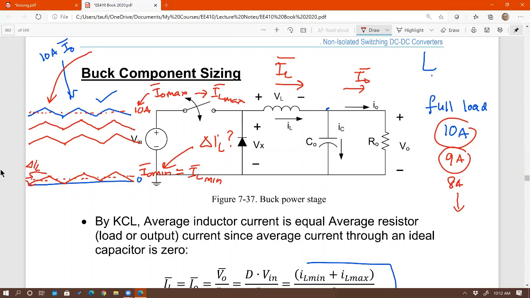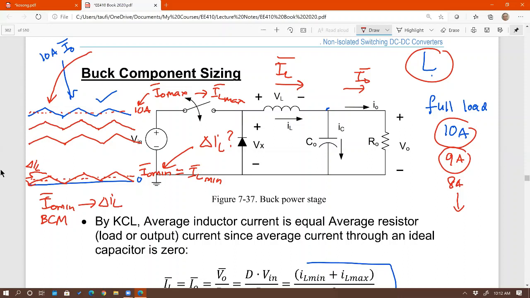So the special thing about boundary conduction mode is that the average value of the inductor current, or in this case output current for a buck, is equal to delta IL divided by 2. In other words, if I can specify I out min as a way to determine L, then I would know delta IL. I out min means what at BCM.